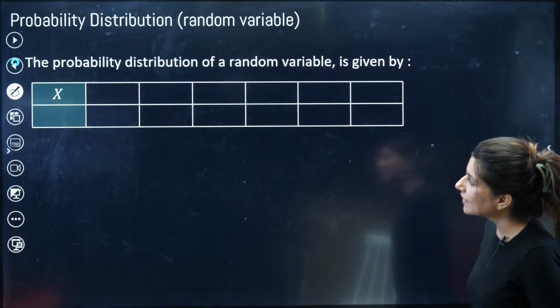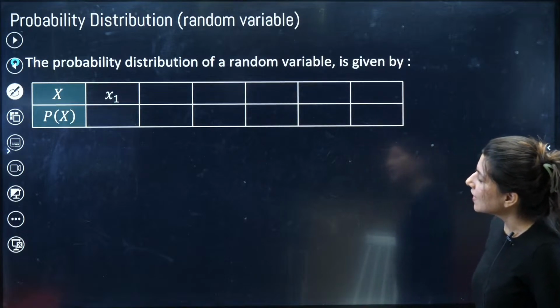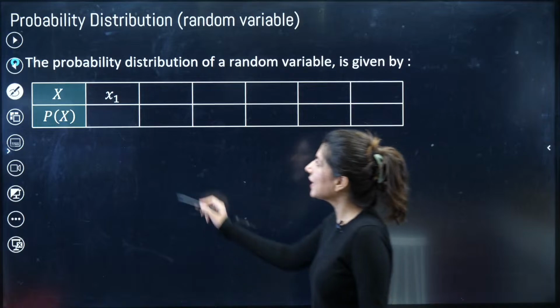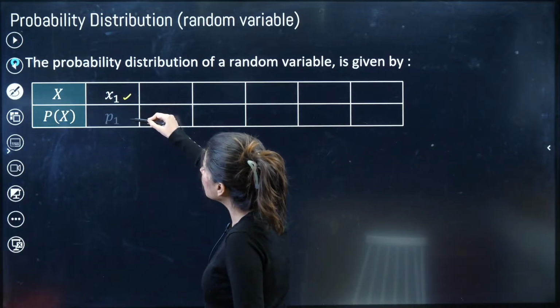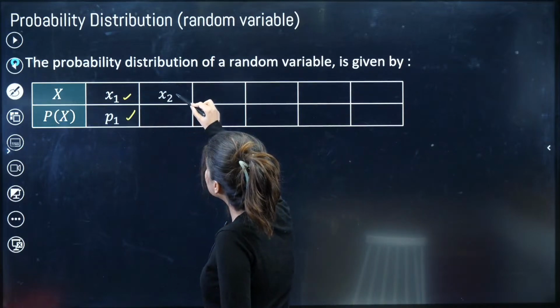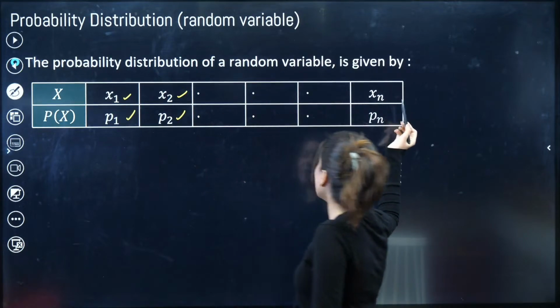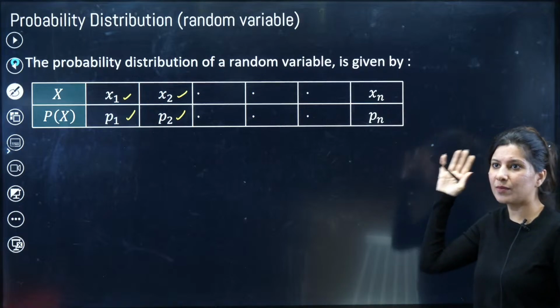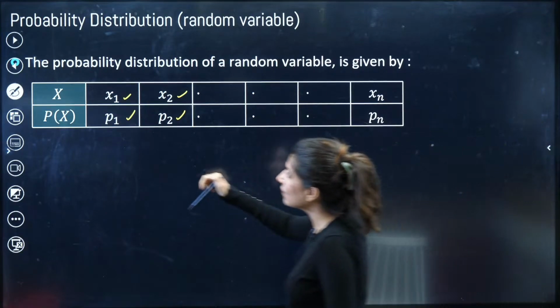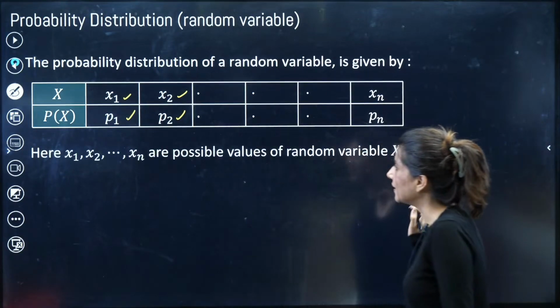Can you see? This is your x, this is your p. The random variable takes the value x1, the corresponding probability will be p1. This is x2, probability will be p2. This is x3, and so on.